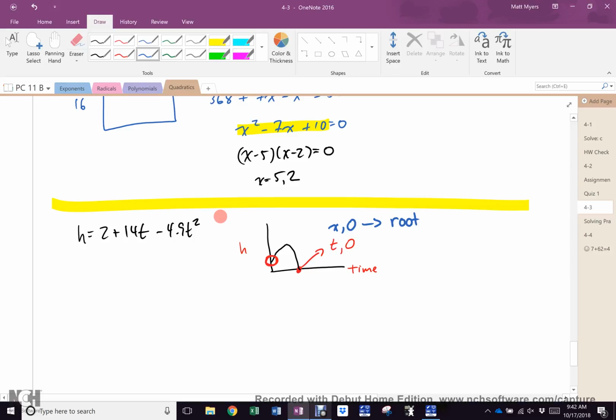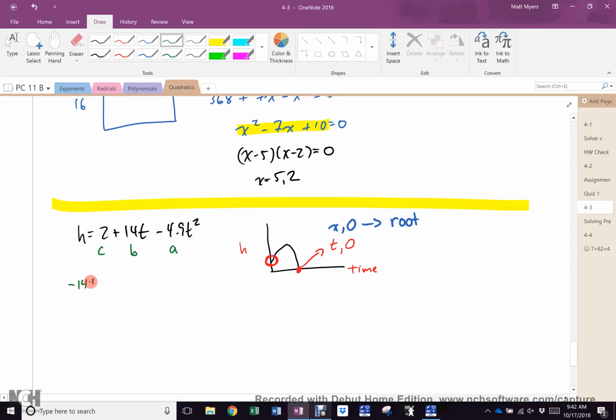Everybody's good? We have been finding those roots using the quadratic formula, yes? Now, in the quadratic formula, which of these is A? The 4.9. What's B? 14. What's C? 2. And if we were going to do the quadratic formula, it would look like this.